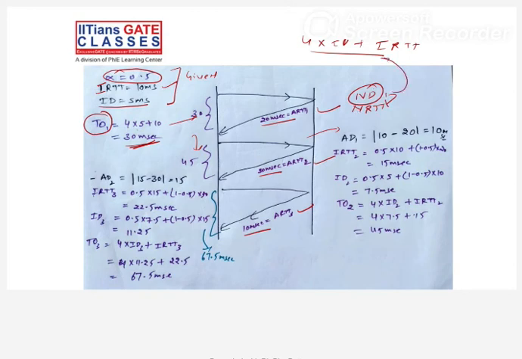If you multiply with 2, the value will be 26.25, which decreased from the previous timeout, right? Earlier it was 32.5, now it is 26.25.